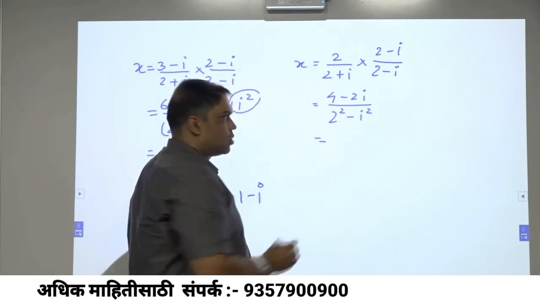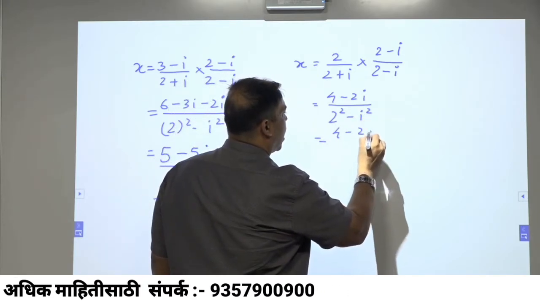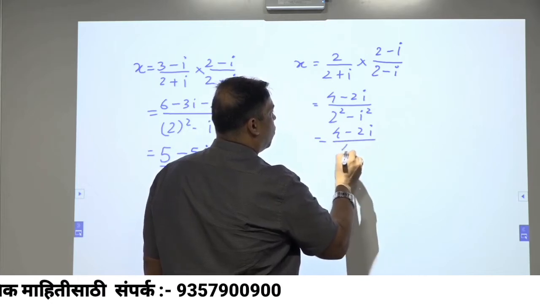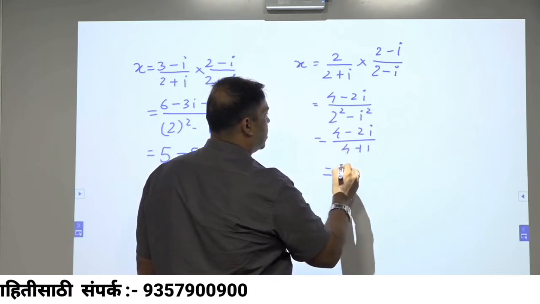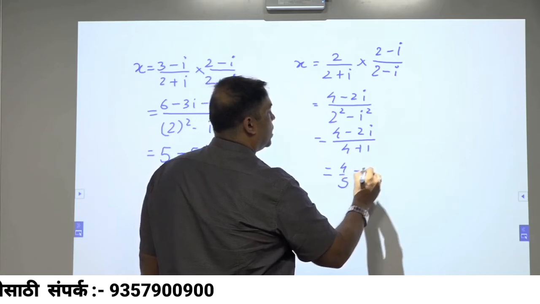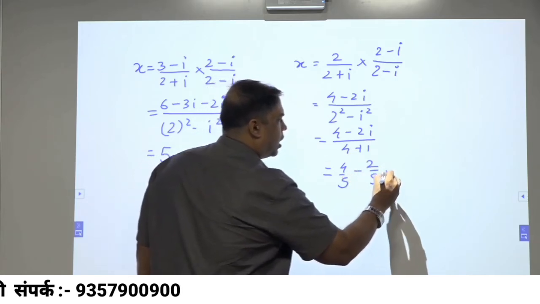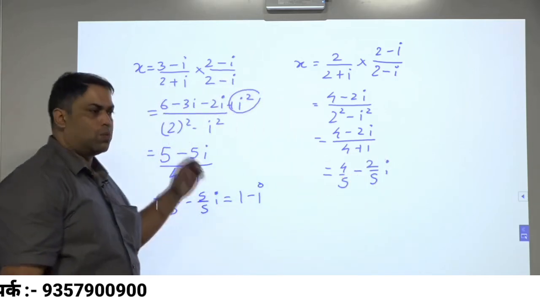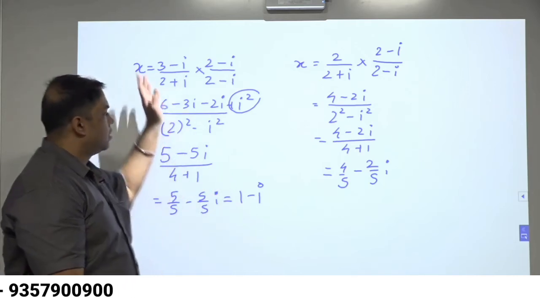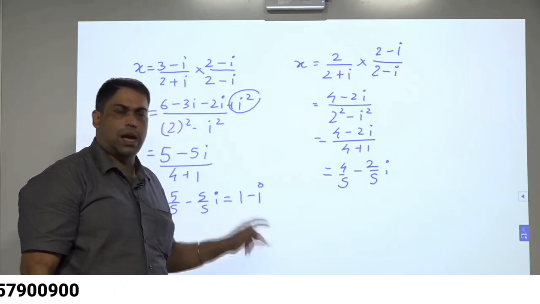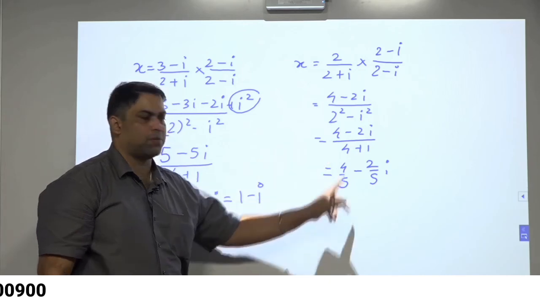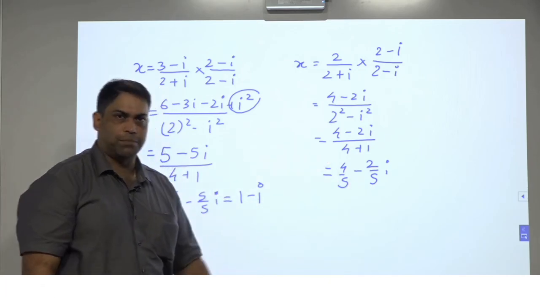Clear? So this will be 4 minus 2i upon 4 plus 1. So the final answer is 4 by 5 minus 2 upon 5 i. Now what is the answer? Final answer: x is equal to 1 minus i, or x is equal to 4 upon 5 minus 2 upon 5 i. Okay.